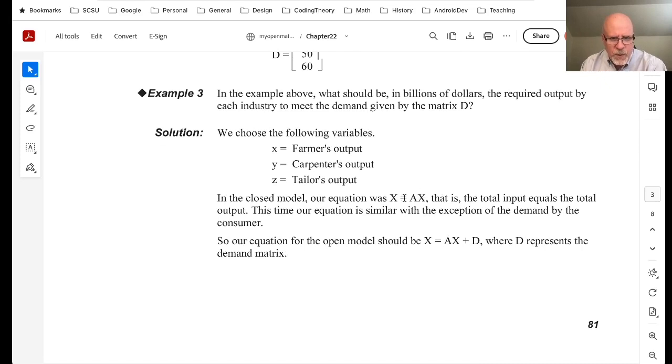In the closed model, remember, X equals AX led us to get the solution. Now we have the idea of consumer demand. So that gets added to the outlays from each group. Like the pay for the farmer would be what he gets from the other things plus the money he gets from the consumers.